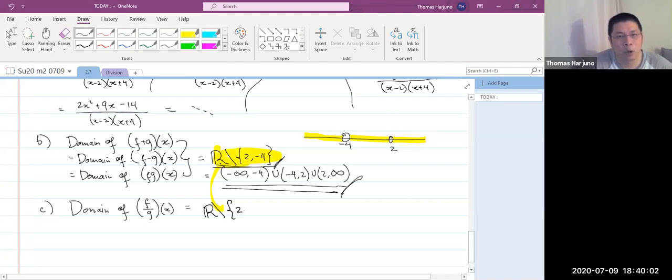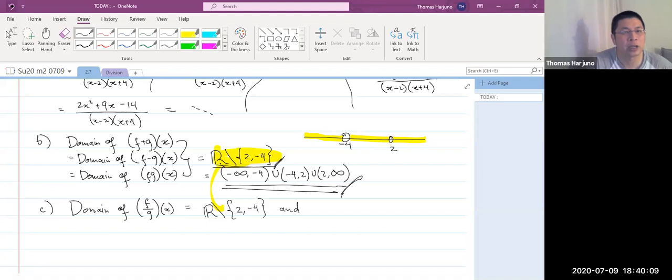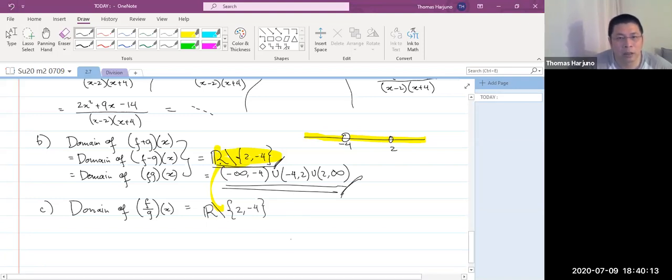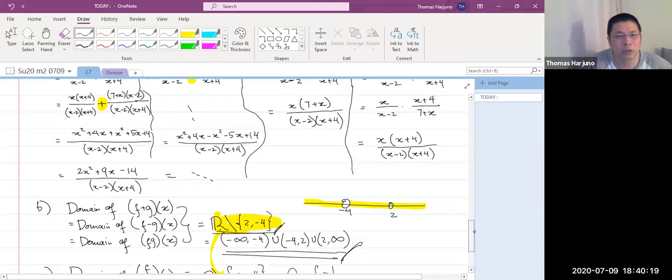The extra requirement is, and let me use intersection, that they intersect all those x where g(x) is not 0.